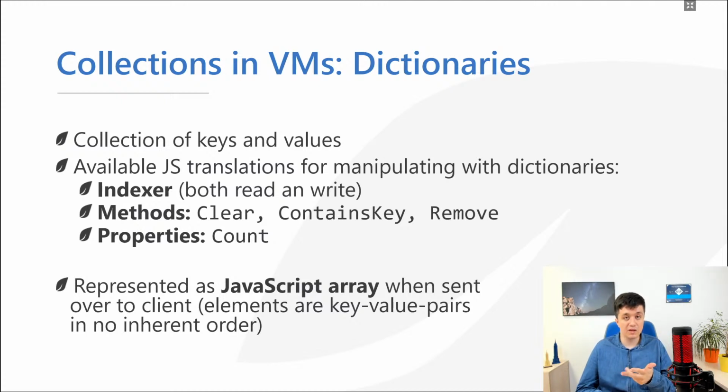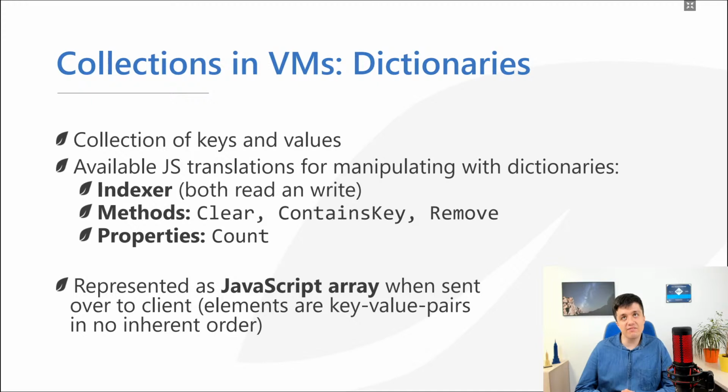If you are wondering why we do not support the Add method, we didn't want to include this method because in .NET it has this behavior that if you are adding an element whose key is already in the dictionary, you would get an exception. Whereas if you are using the indexer for this set operation, it would just replace the value.